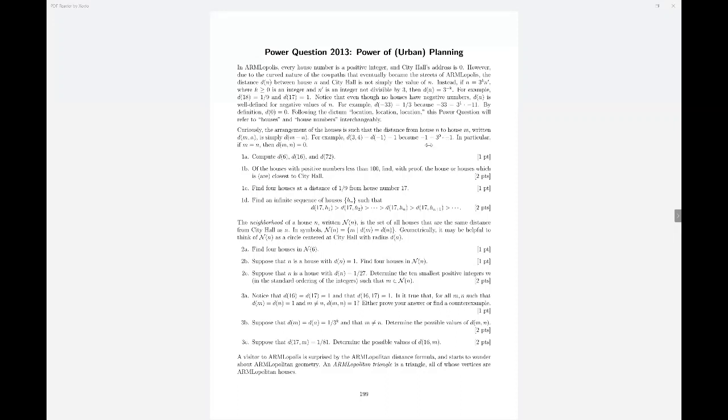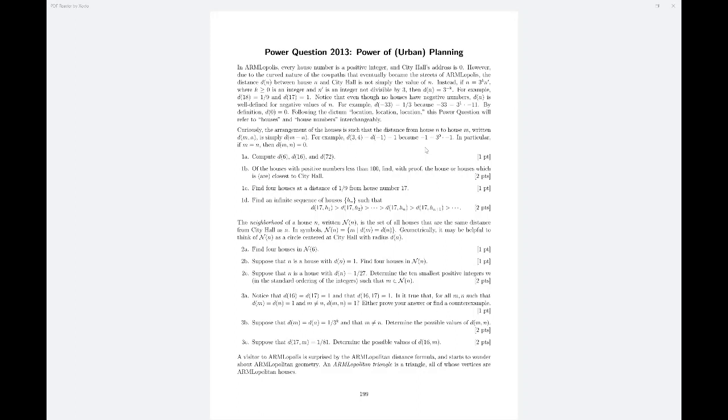So the power round I chose to do here is a power round from ARML. Generally, I think I may be incorrect, but from my experience, you should probably expect that BMT power rounds will be longer. After all, I think ARML power rounds are designed to take less time than BMT power rounds.